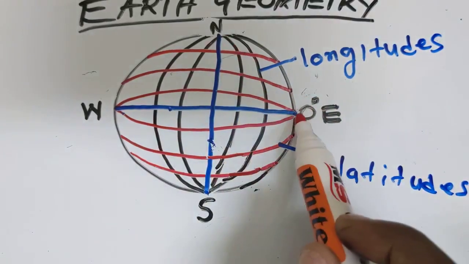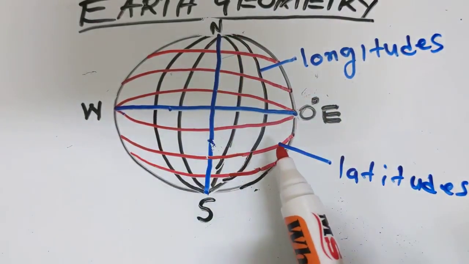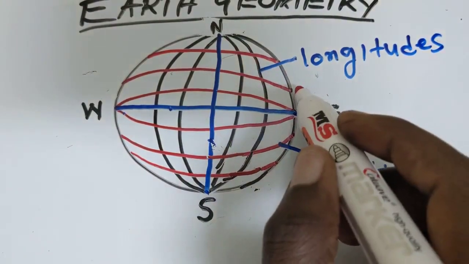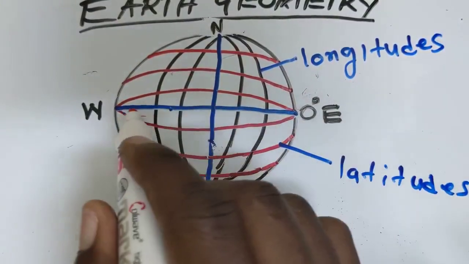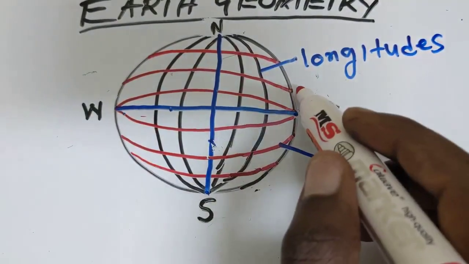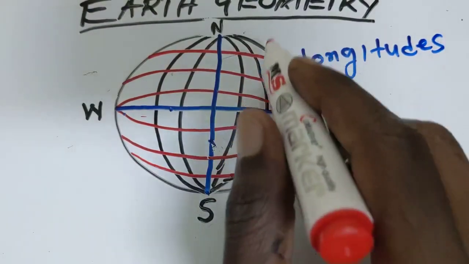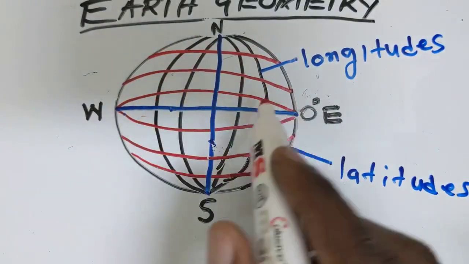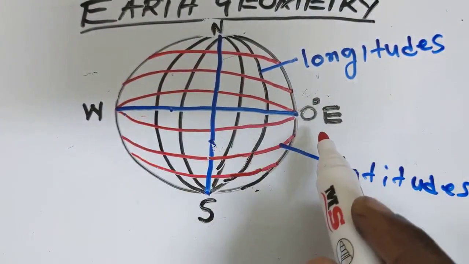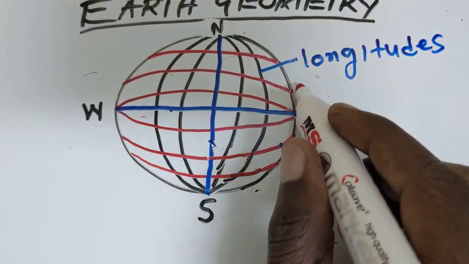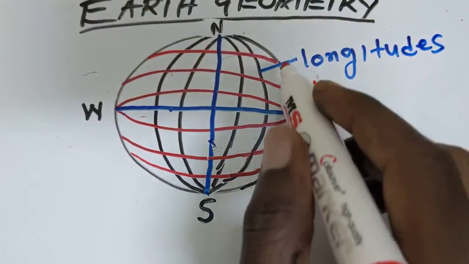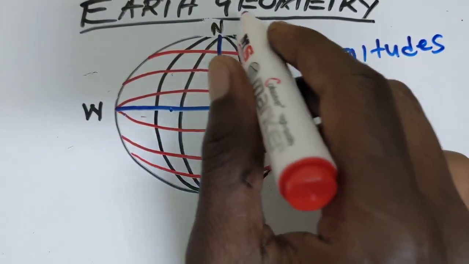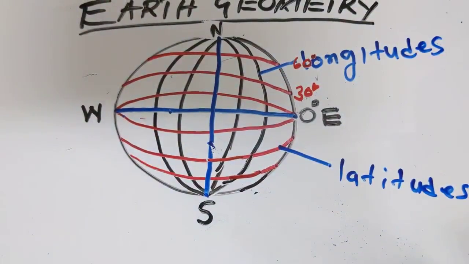When it is 0 degrees here, there might be 30 degrees up there. This line going up will be increasing. These are latitudes. In latitudes we have the equator at 0, then let's say 30 degrees, let's say 60 degrees, and it will continue increasing like that.